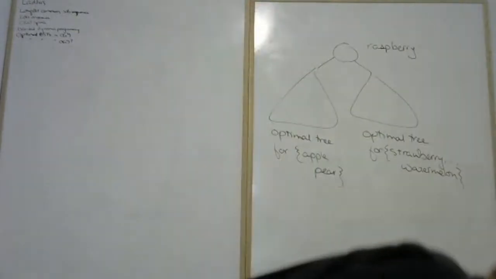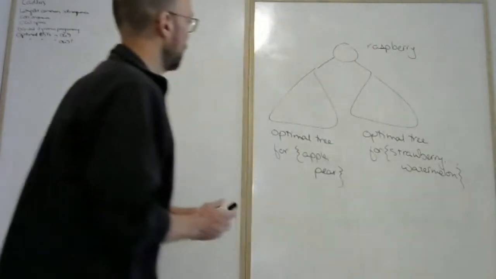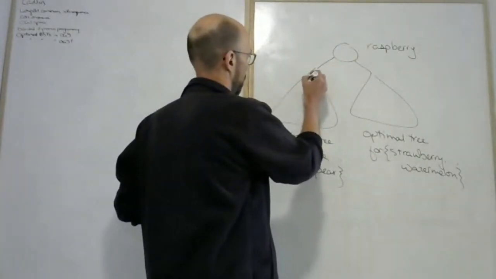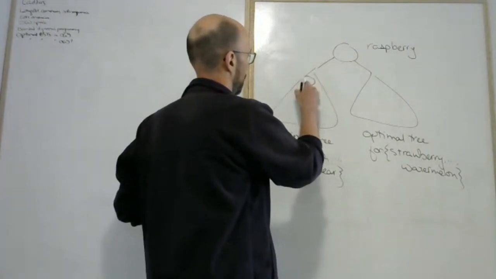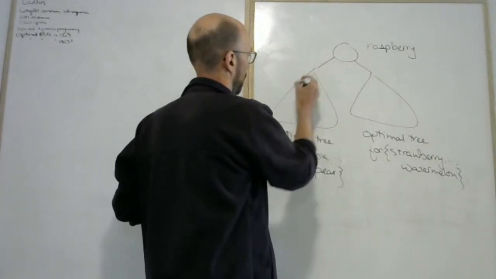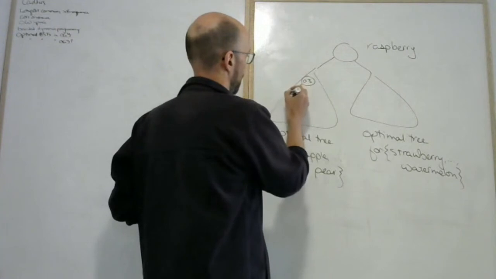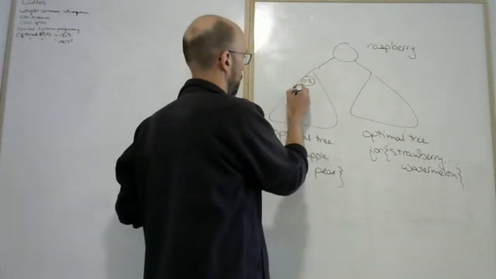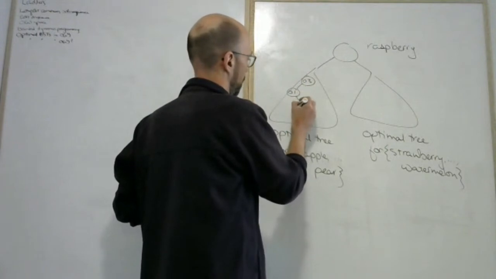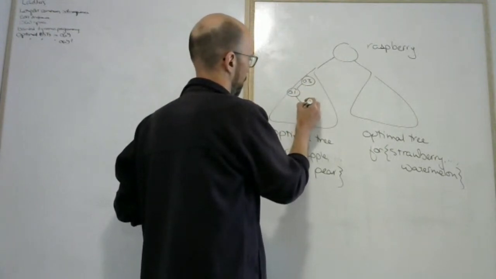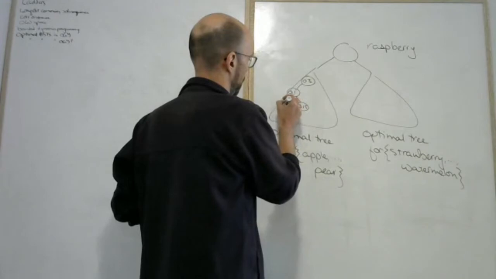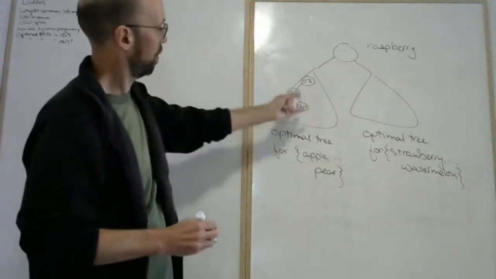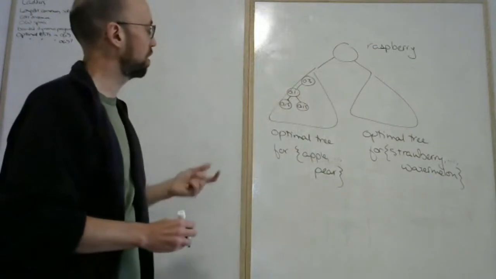And so if you know that, say, this has weight 0.3, this has weight 0.1, this has weight 0.15, this has weight 0.15. Notice it's not like a Huffman tree in that you can't just arbitrarily switch, because you have to maintain the order.